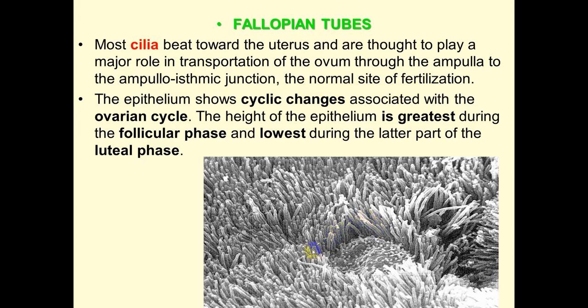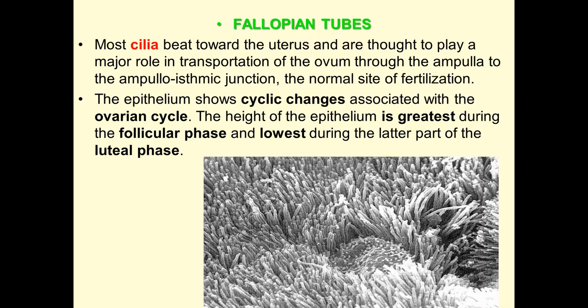So the cilia beat in the direction of the uterus and push the fertilized ovum, the embryo, to the uterus. The liquid, which is a secretory product of secretory cells, has the same function, and the direction of the flow of the liquid is also to the uterus.